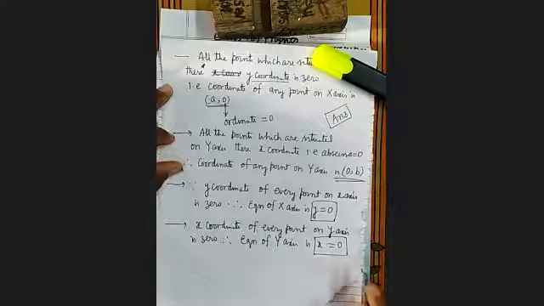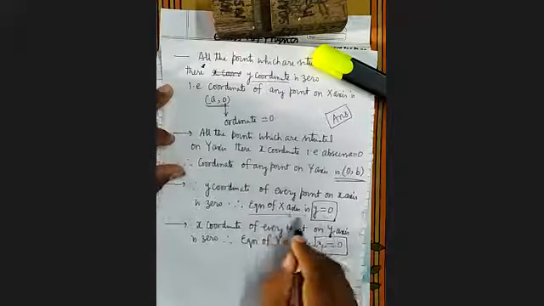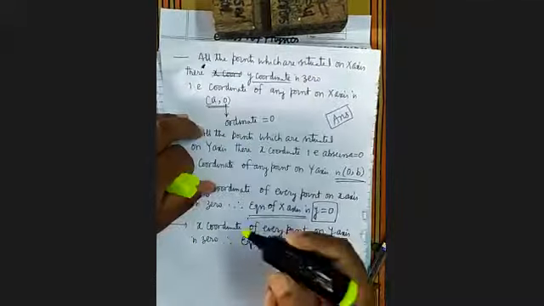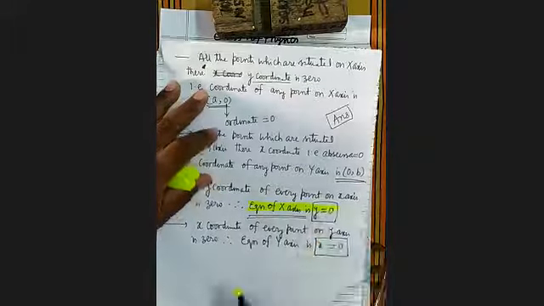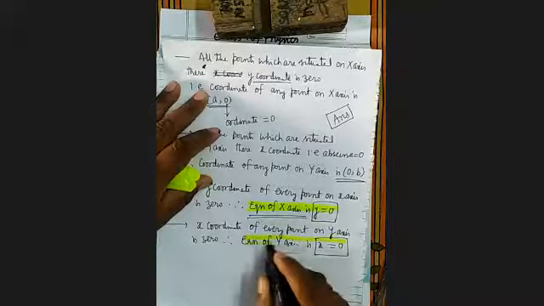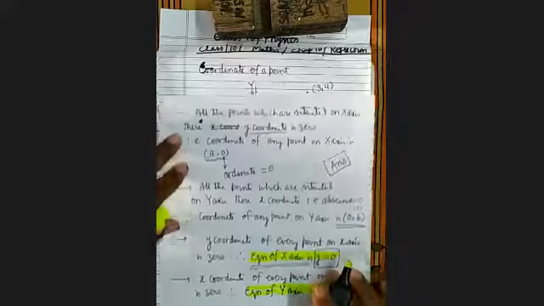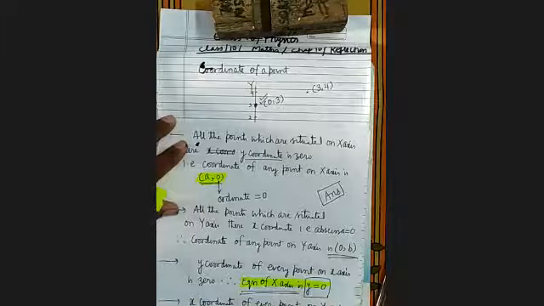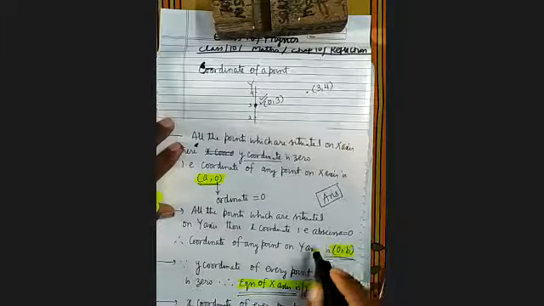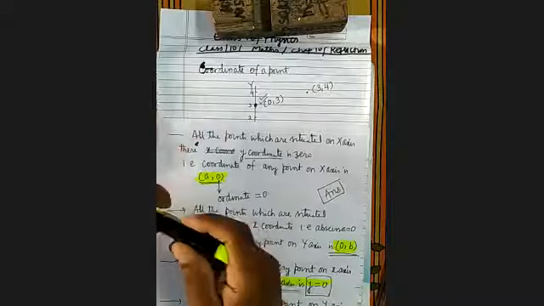It's clear? So all of you remember that the equation of the x-axis is this, and the equation of the y-axis is this. The coordinate of any point on the x-axis will be a comma 0. The coordinate of any point on the y-axis will be 0 comma b. This you will remember. It's clear?